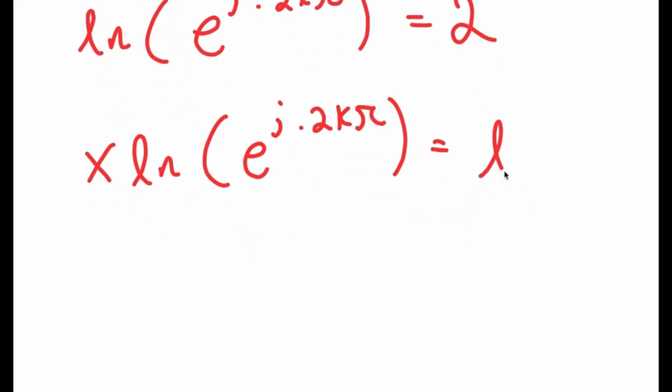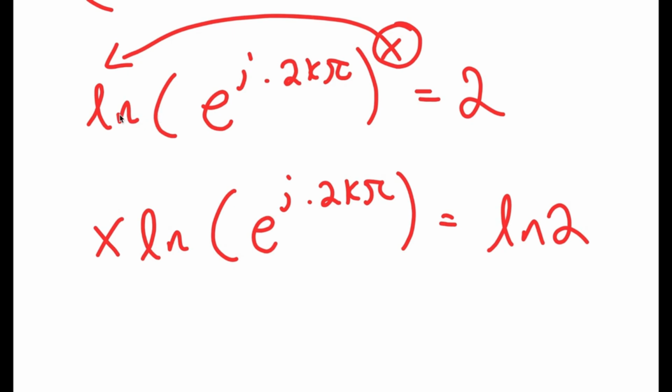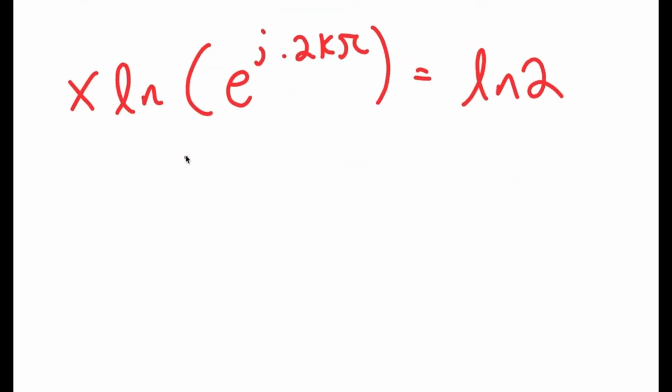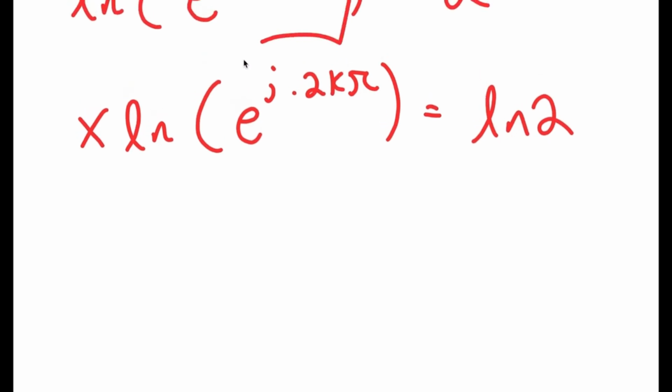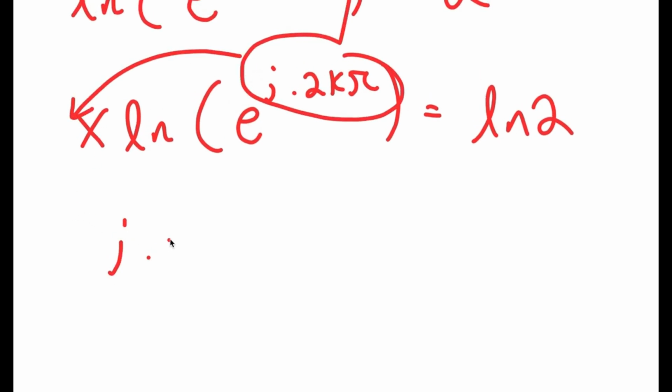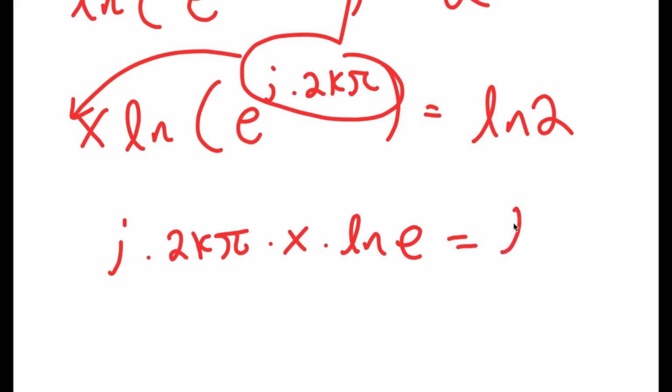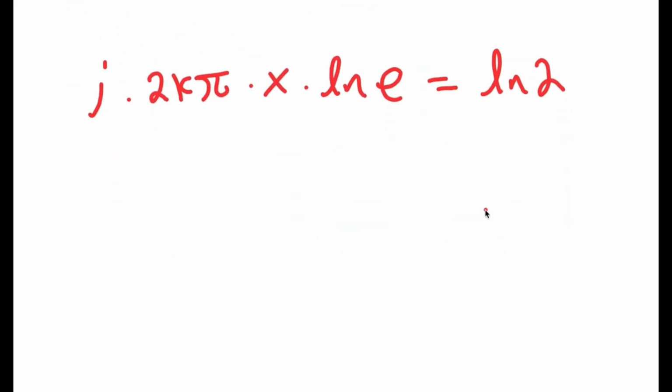is equal to ln of 2, because if you take ln on one side, you have to do the other side. And now I can also move i times 2k pi to the front. So I have i times 2k pi times x times ln e is equal to ln 2. ln e is simply equal to 1.